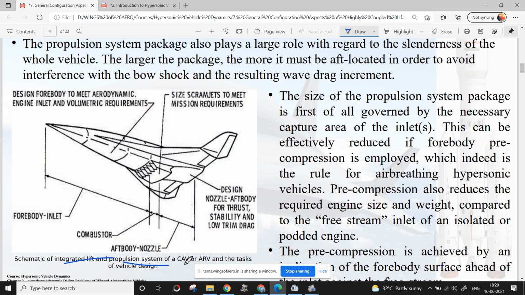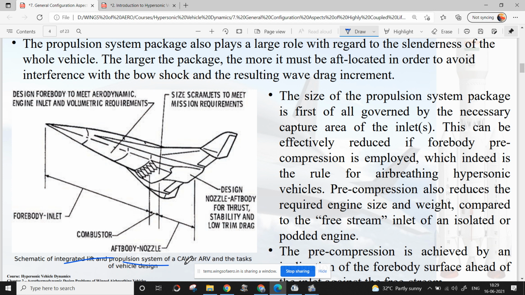It is very important because we are going to use a ramjet or scramjet, and at the same time we want the vehicle to be stable, right? Without stability or controllability, even if you can fly at Mach 30 or Mach 20, whatever the speed, we cannot fly the vehicle, right?